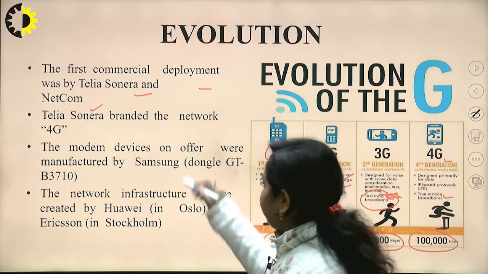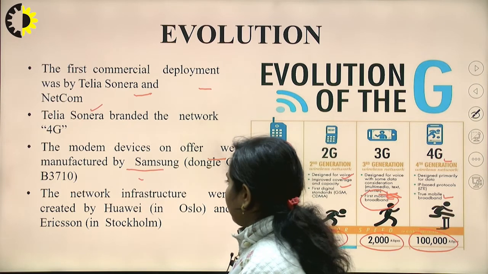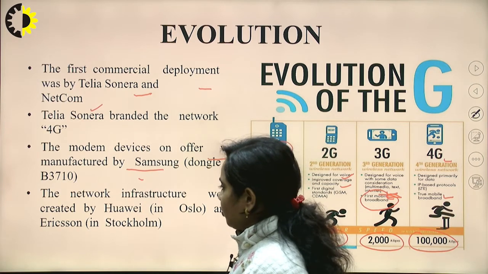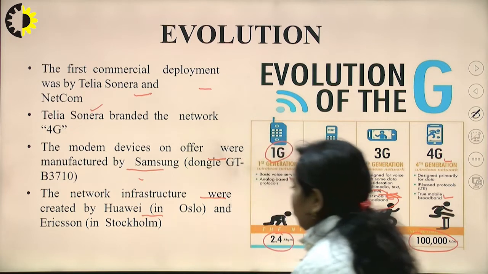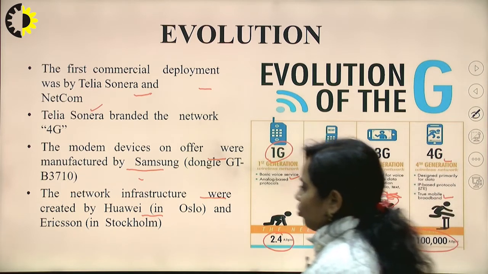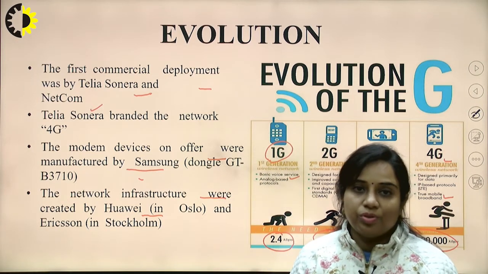Now, the modern devices on offer were manufactured by Samsung, dongle GT-B3710. The network infrastructure was created by Huawei in Oslo and Ericsson in Stockholm. So this is the evolution of the 4th generation.